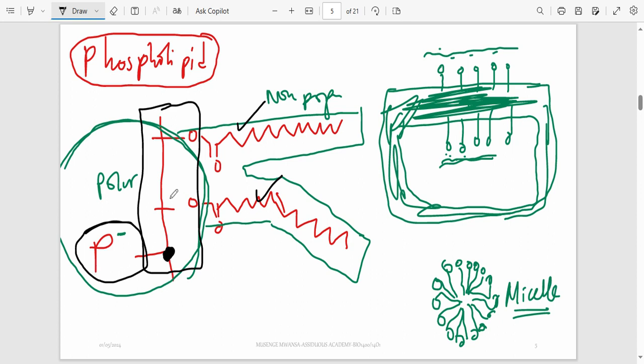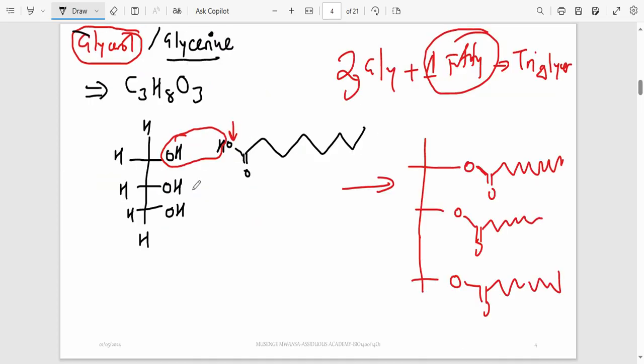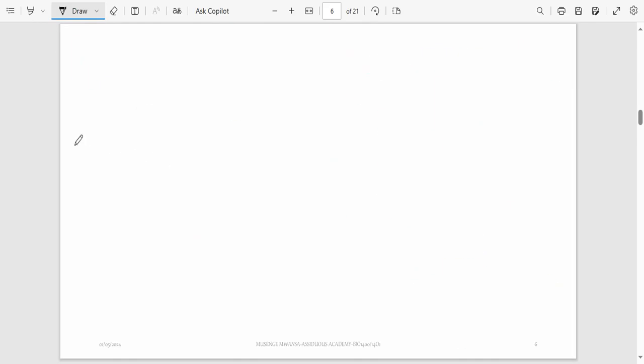Okay. Another important thing is that phospholipids are also hydrophilic and hydrophobic. And don't forget, a molecule that is both hydrophilic and hydrophobic is known as amphipathic.